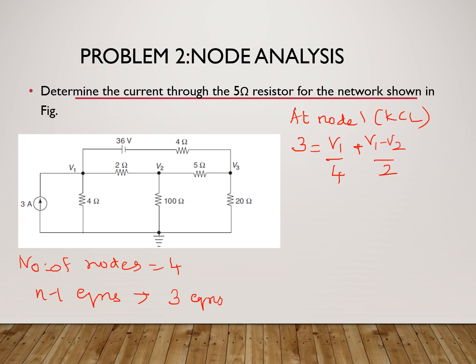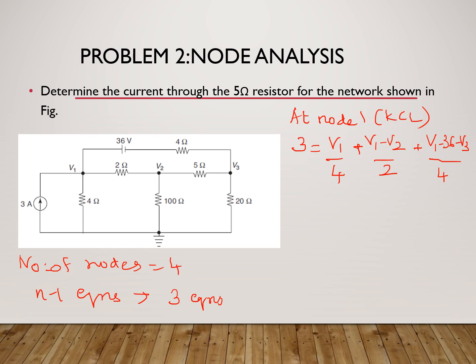And the third branch is here. Now you can see that there is also a voltage source, so you have to consider the effective potential across the 4 ohm. The 4 ohm has a potential drop of (V1 minus 36 minus V3) divided by 4. This is our third branch equation.